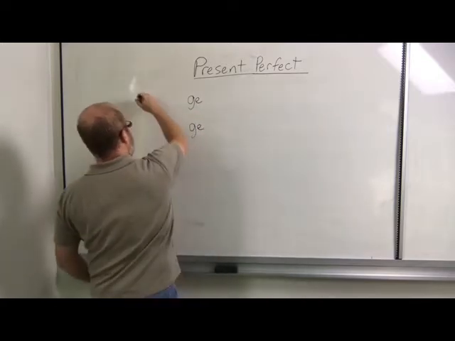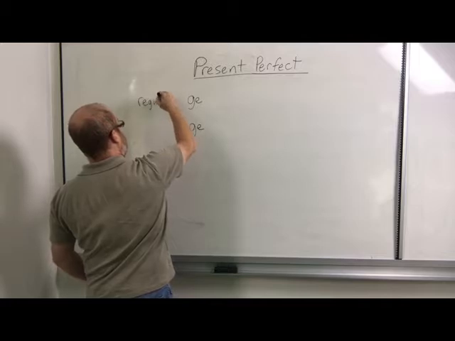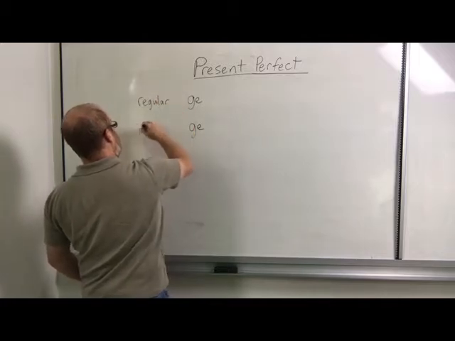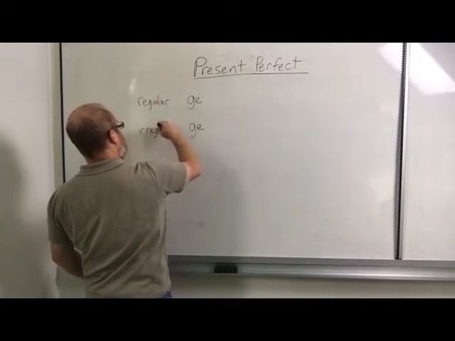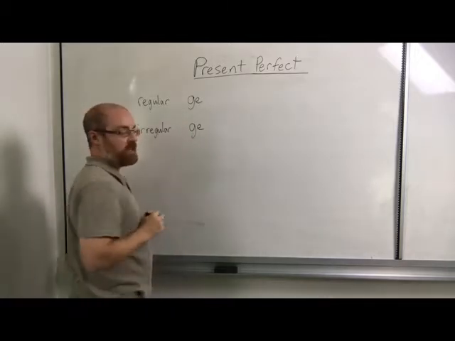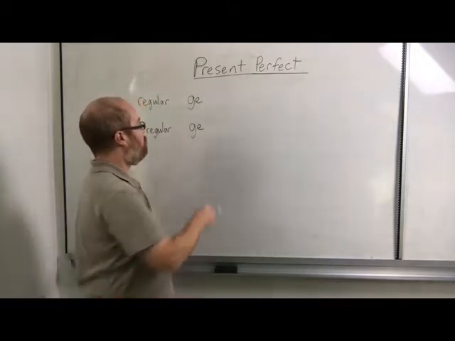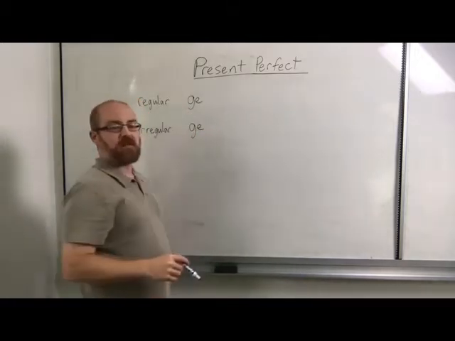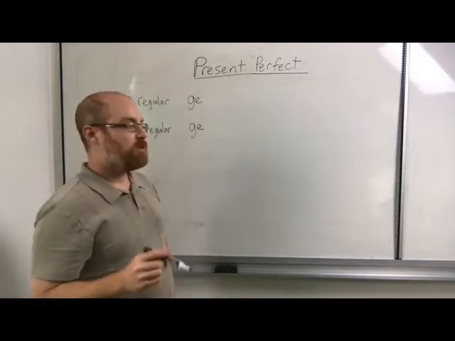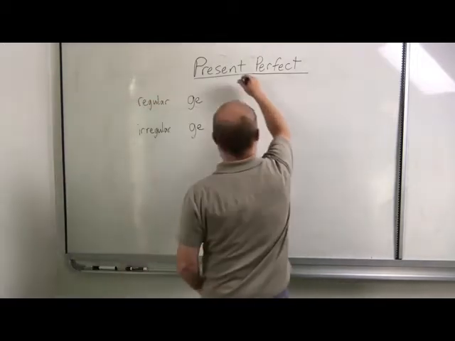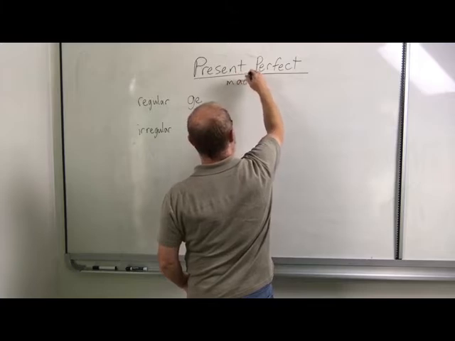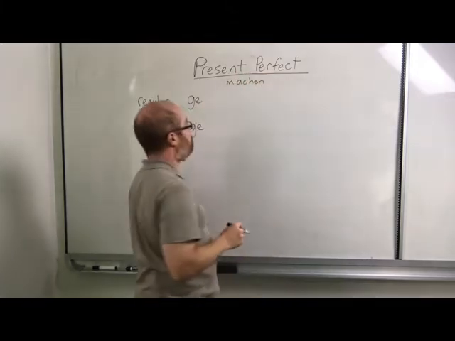In each case, for regular or irregular, we have, in most cases and not all, and I'll come back to this in a few minutes, a GE prefix. Okay? So let's take the verb machen. This is a regular verb.